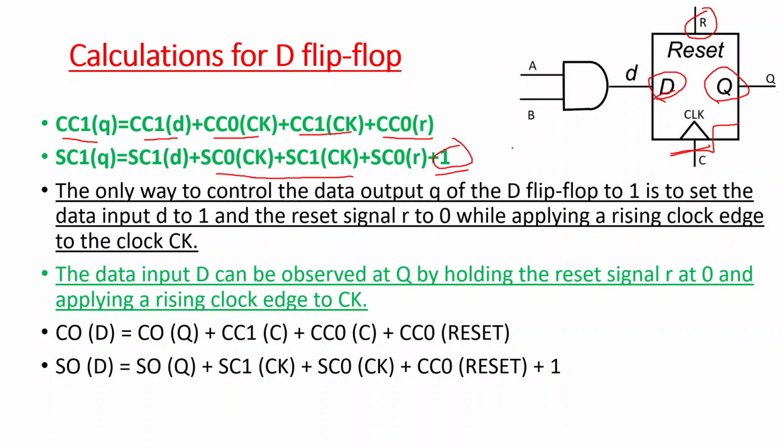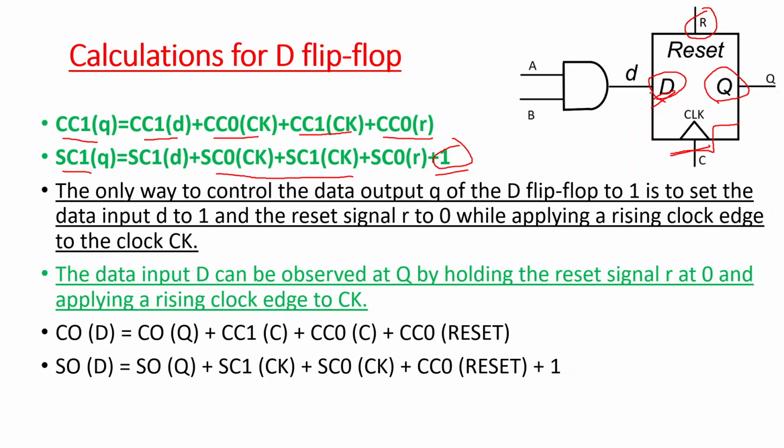Now we want to do the calculations for the observability. We have till now done the calculations for controllability. So suppose we want to observe this D input. It can only be observed at this output Q, because this D input is not a primary output, it is a pseudo primary input.